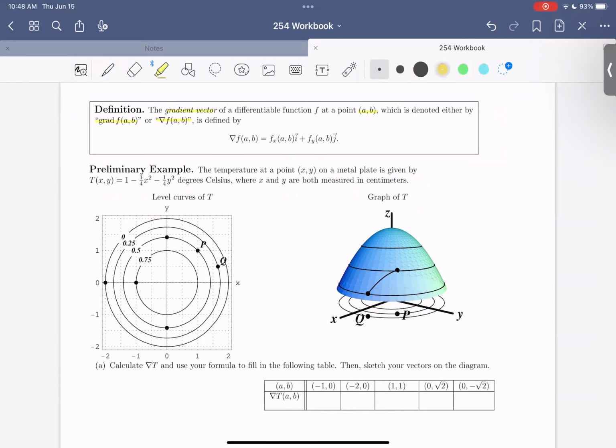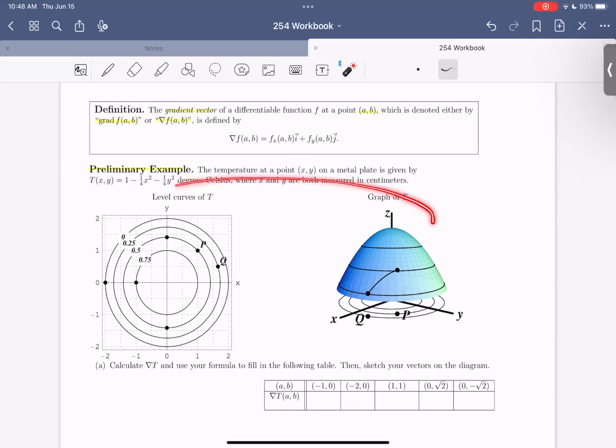All right, so let's get started with this preliminary example. We're told the temperature at a point (x, y) on a metal plate is given by the function T(x, y) = 1 - 1/4 x² - 1/4 y² degrees Celsius, where x and y are both measured in centimeters.